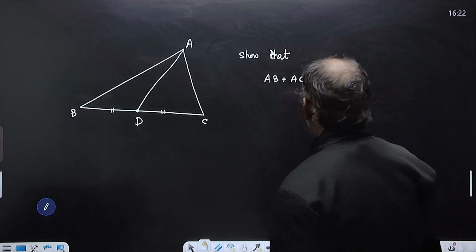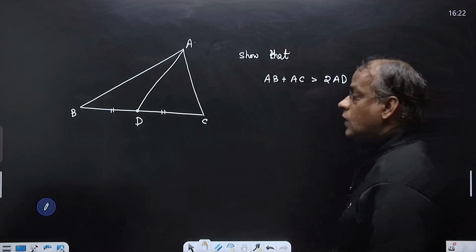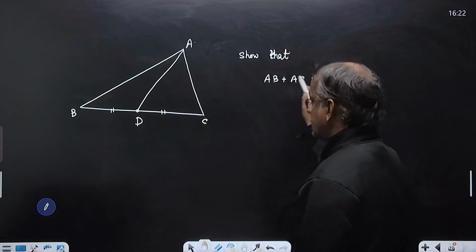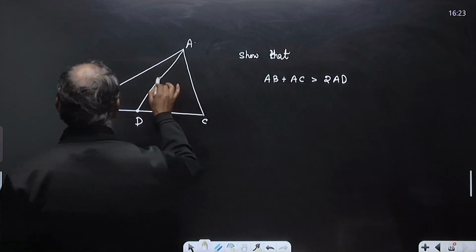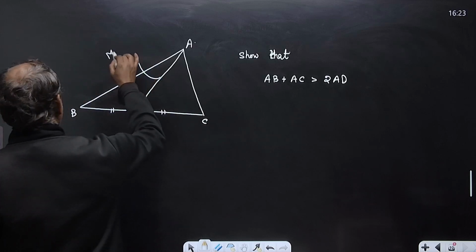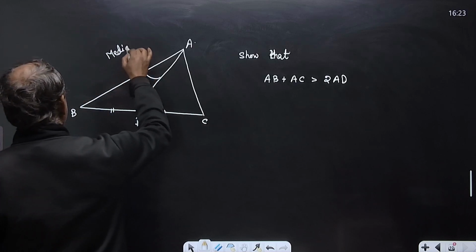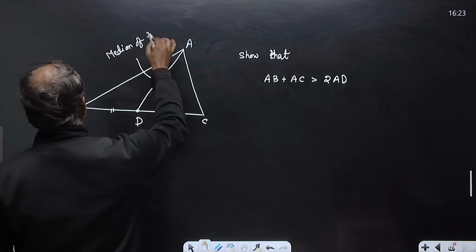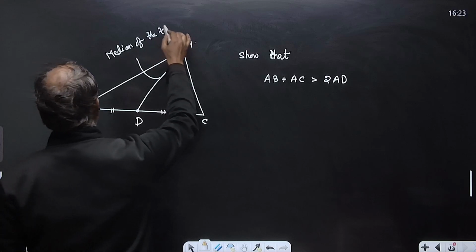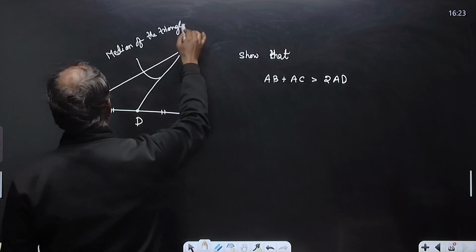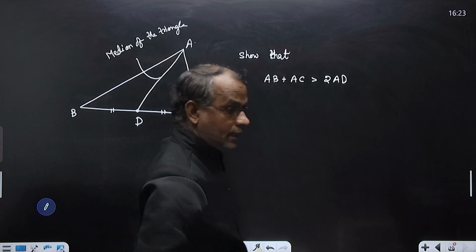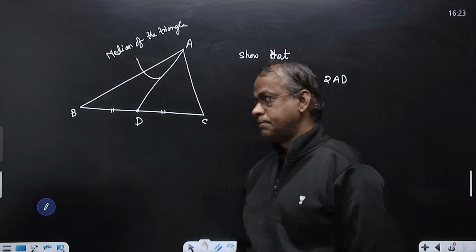Now let me tell you that this AD is called a median of the triangle. What is a median? A line joining a vertex to the midpoint of the opposite edge.